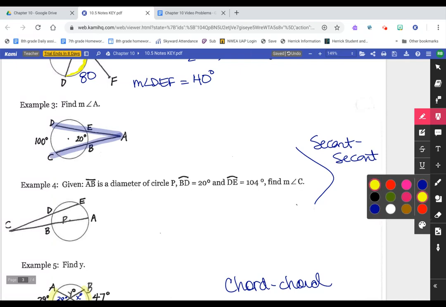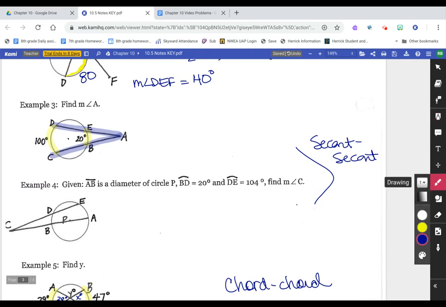You have one arc here and one arc here that are inside that secant-secant angle. The theorem states that the measurement of the secant-secant angle is half the difference of those two arcs. So the measurement of angle A would equal 1/2, and the difference means subtraction, so 100 minus 20. 1/2 of 80 gives you a measurement of 40 degrees for angle A.